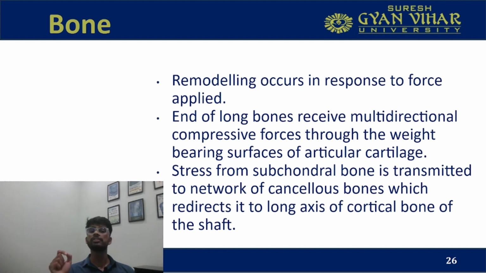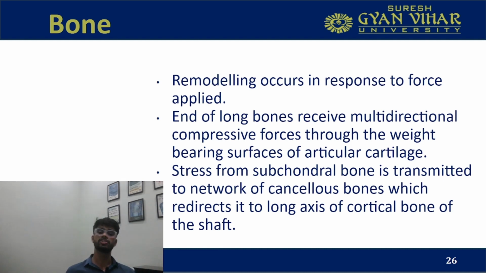The ends of long bones receive multidirectional forces. These ends of the long bones make the joint. They are the articulating surfaces, and the articulating surface functions as an axis for movement. So a lot of compressive forces are experienced by them at the end, and at the end they have the articular cartilage. Stress from the articular cartilage comes to the subchondral bone, which is the bone just beneath the articular cartilage.